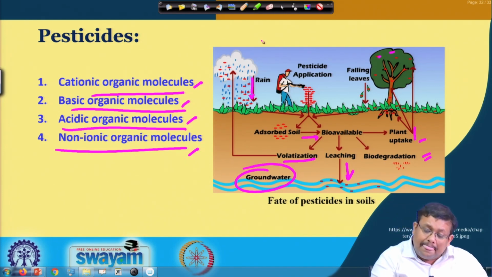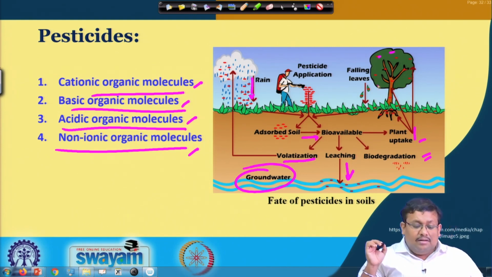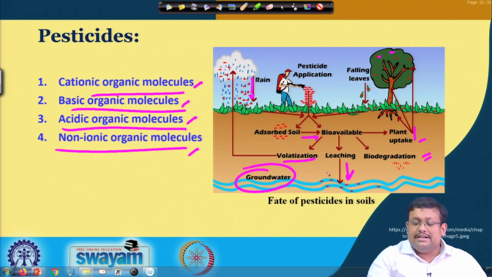Plant uptake can cause pesticide accumulation in the plant body, which can further return to the soil through the falling leaves. So, this is basically the fate of pesticides in the soil.